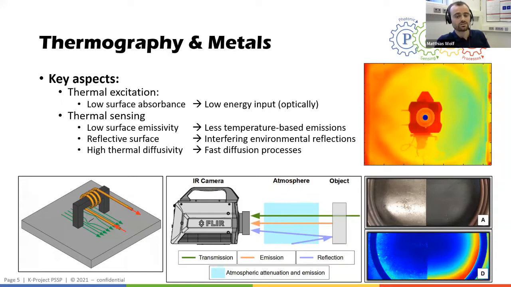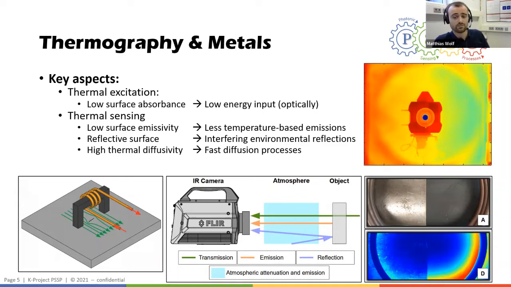It is the same issue in every metrological case that it is required to reach sufficient signal levels of the measured response signal to reliably determine information of interest. In case of thermography, that means we need sufficient thermal excitation to reach large enough temperature differences that can be measured.